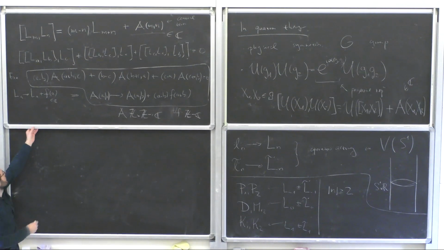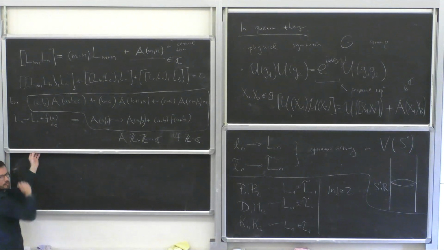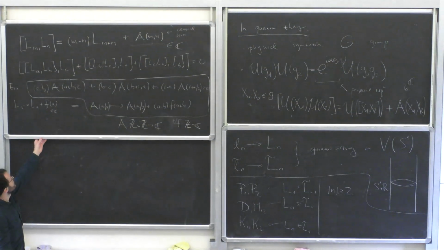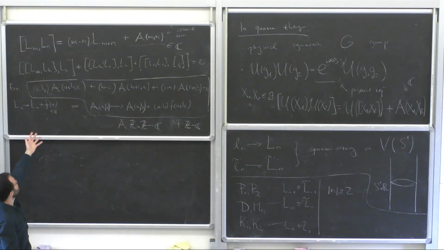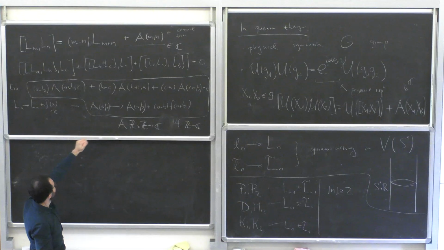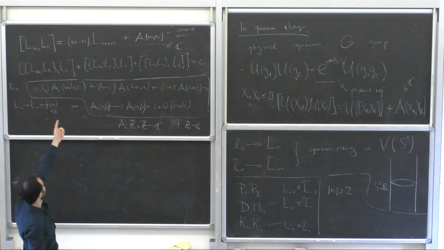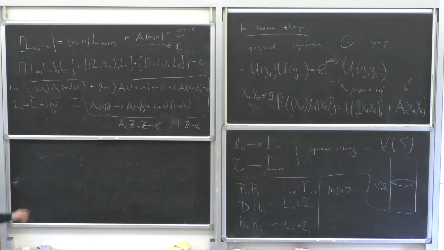Well, this f could depend on A. You could redefine your generators in this way. If you redefine like that, it's not going to modify the first term, because this f commutes with everything, but it's going to modify the last term.